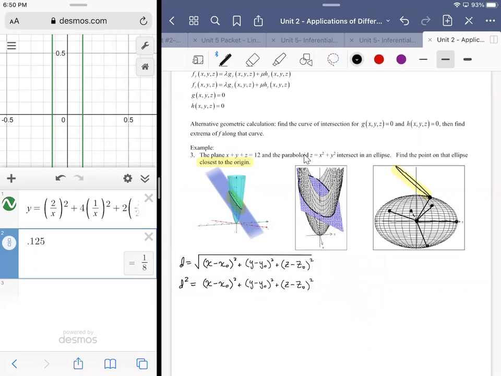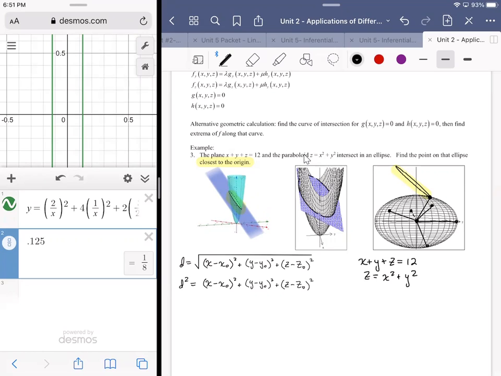And now I'm going to bring the plane and the paraboloid into the situation here. All right. And see what we're up against.